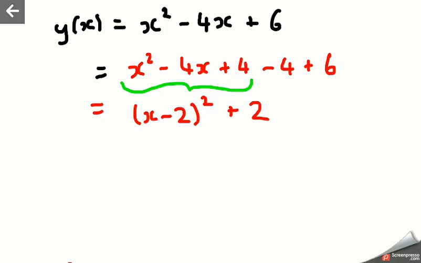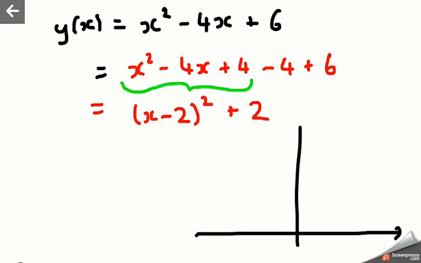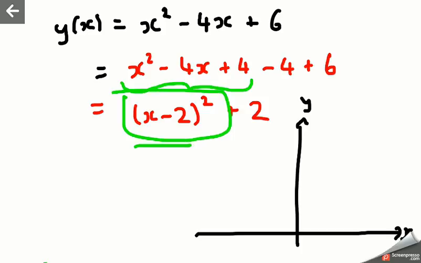Okay, so now this thing's pretty easy to draw. We can draw this from our section on parabolas. Let's go ahead and do that. This is the x-axis, this is the y-axis. You should always label your x and y axes. I know I get kind of lazy sometimes and don't bother, but in general you should. Now, x minus 2 squared means we go 2 across to the right, because this little section should be equal to 0 when x is equal to 2.